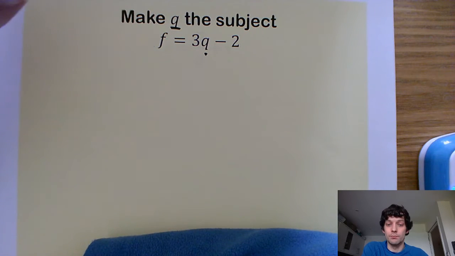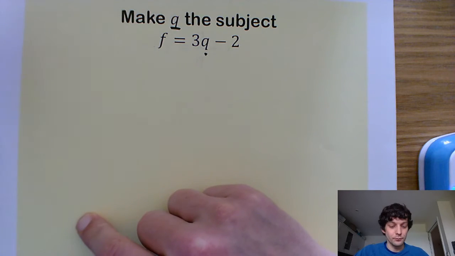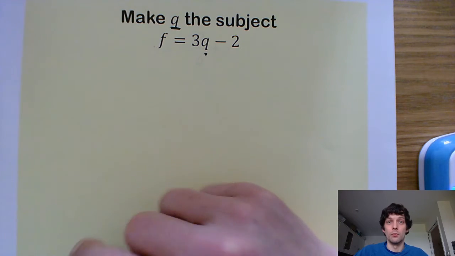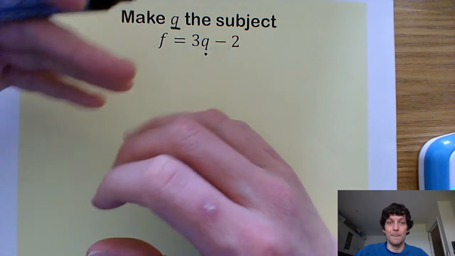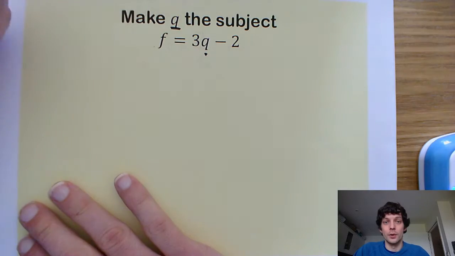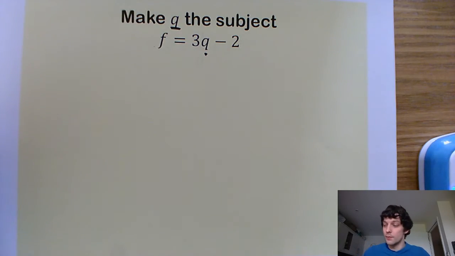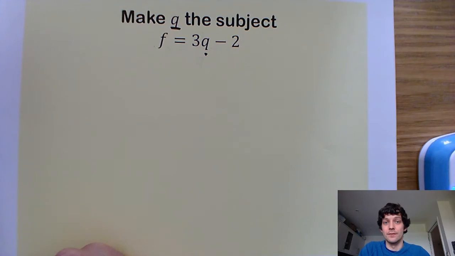So the process that I'm going to follow today is looking at moving the things in the equation about, rebalancing the equation. Essentially, I want to get Q on its own, so the things that I need to get rid of are this 3 and this negative 2.